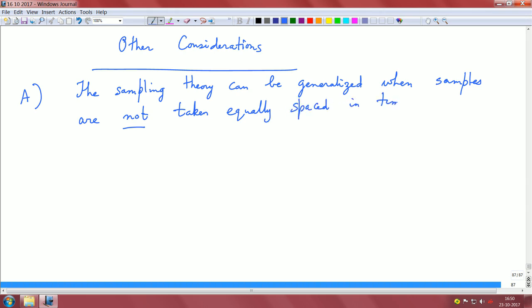So, so far we considered samples which are 1 upon 2B seconds apart, right, if B is your bandwidth in hertz.